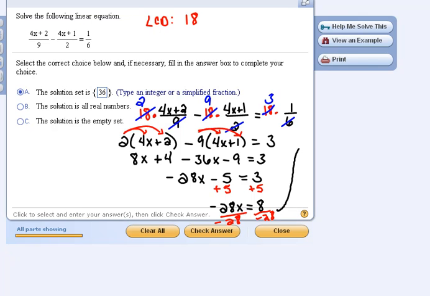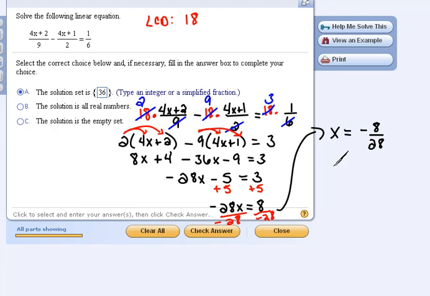I'm going to move over here so we have a little bit more room. Now negative 28 over negative 28 is 1, so we just have x on the left. And on the right we have positive divided by negative, which is negative 8 over 28.